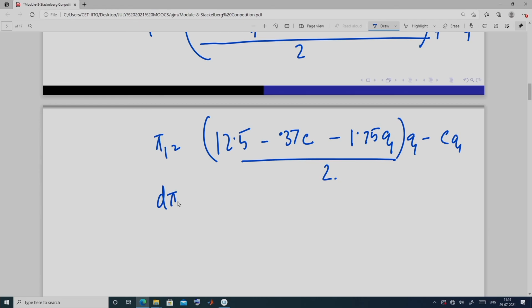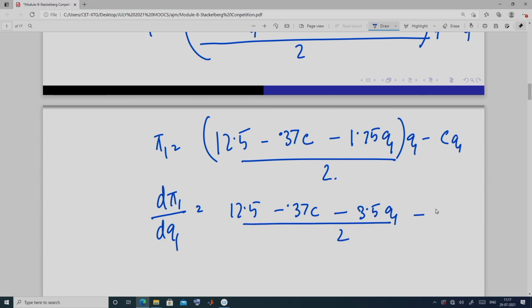Now, we differentiate this with respect to Q1 and the first order condition will make it 0.